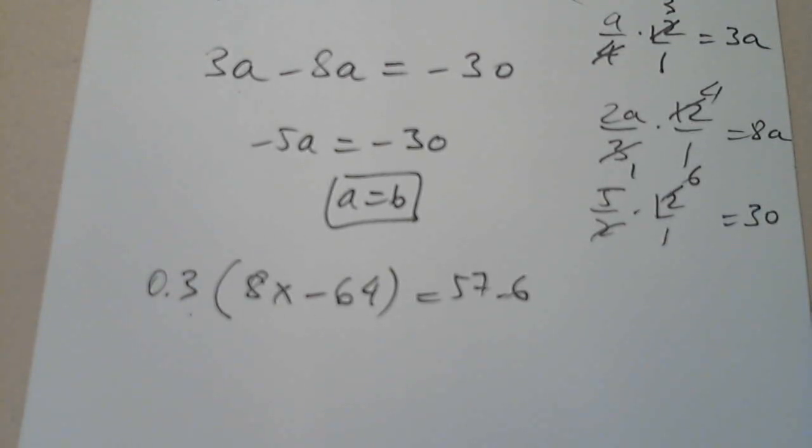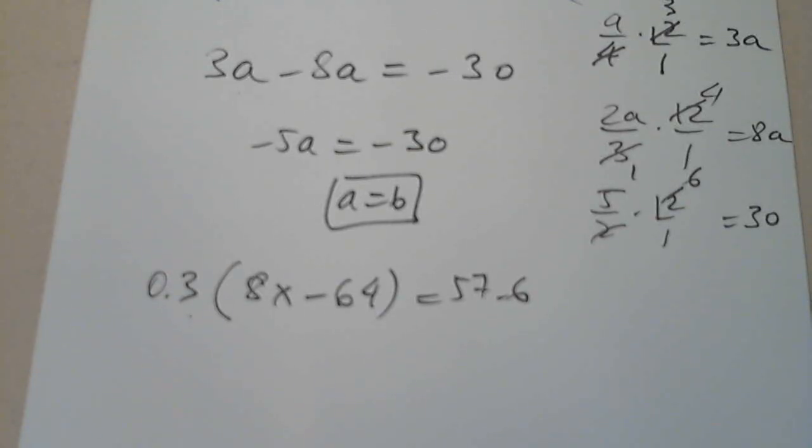So when I divide, we're discussing right now the options. When I divide 57.6 by 0.3, I want to see, see if I'm happy with this. I'm happy with it. So I'm not going to multiply by 10.